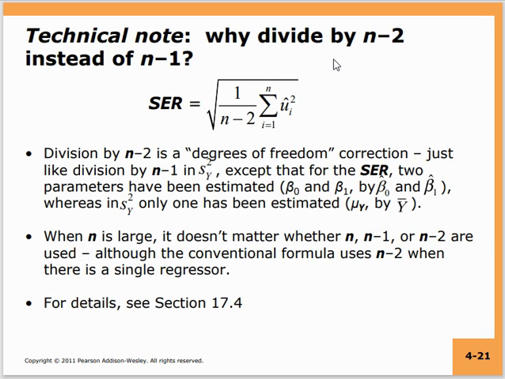So why do you divide by n minus 2 instead of n minus 1? Here we will introduce the idea of degrees of freedom correction. Degrees of freedom basically refers to how many observations are free to vary when you calculate a particular statistic from a given sample.